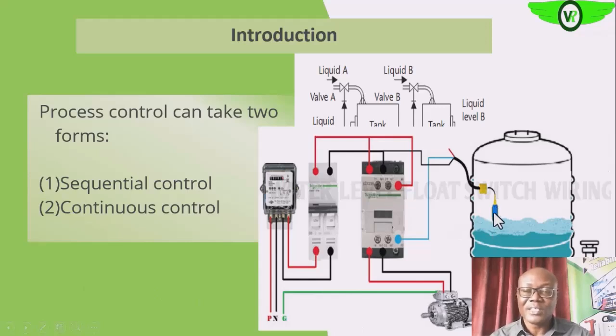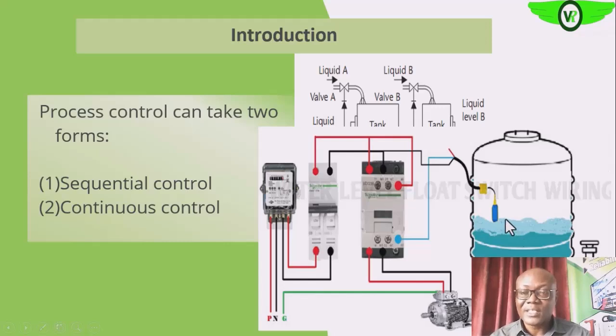So you see that this is the sensor level switch. We'll see it later. When the fluid in the tank drops below a certain level, this level switch will energize the coil of this contactor, and then the contactor will close power to the pump motor, and then the pump will continue to fill the tank.